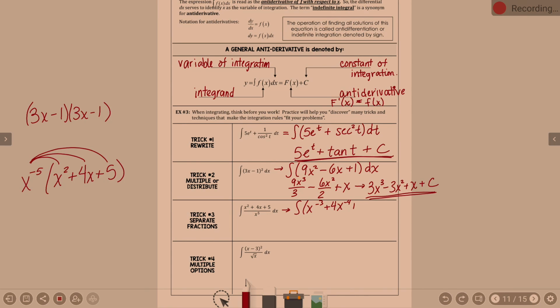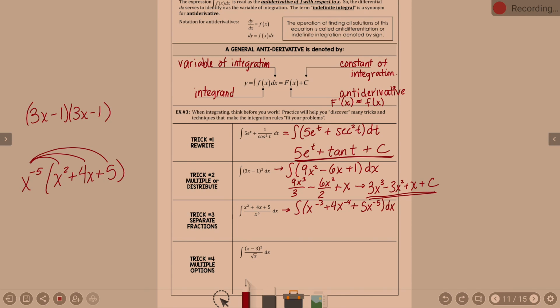Plus 5 divided by x to the 5th, 5x to the negative 5th. Now, here's the deal. If I distribute that x to the negative 5, do I get the same expression I just got? Does it matter which way your brain goes? No. Okay? So, are you ready to try integrating?